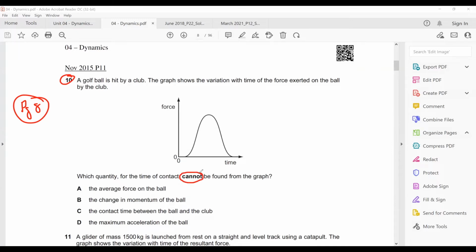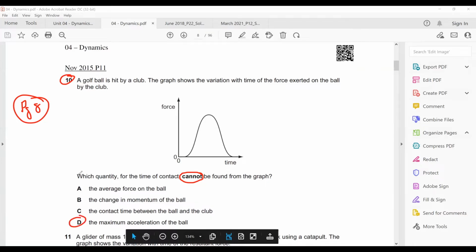There are some things here that can be found from the graph, some things that cannot be found. They want you to identify the thing that cannot be found. I think it's D, the maximum acceleration of the ball.